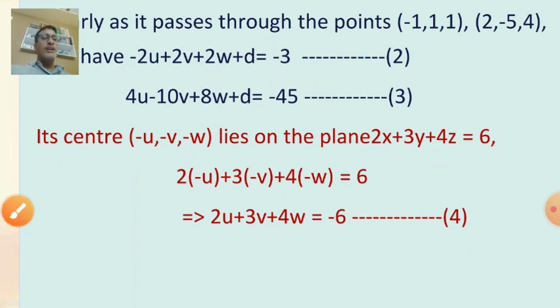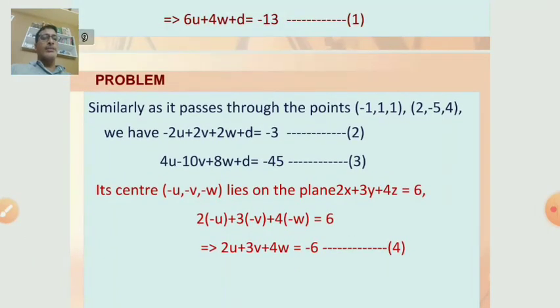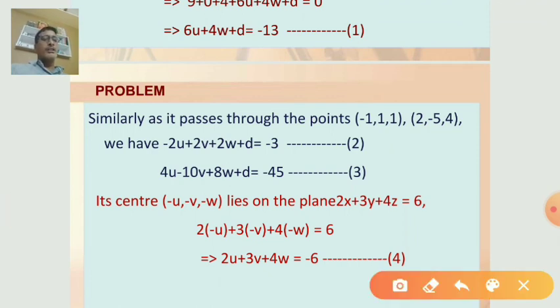So here we have 4 different equations in terms of u, v, w and d. So we have to solve these 4 equations. I have explained how to solve given equations in matrix form in my earlier videos, and we will follow the same method in this case also.